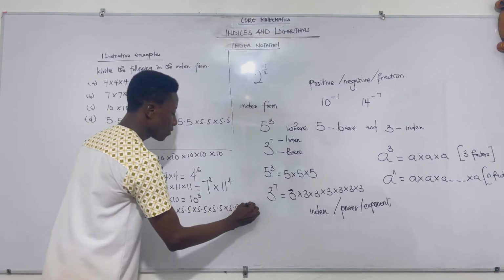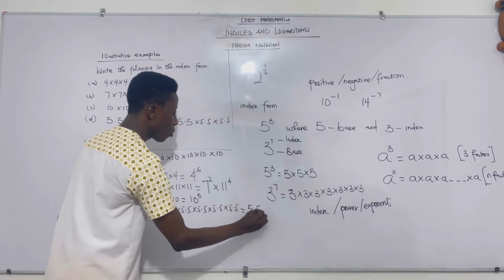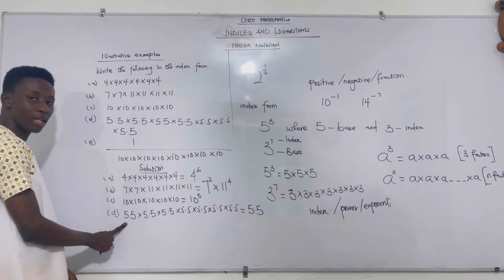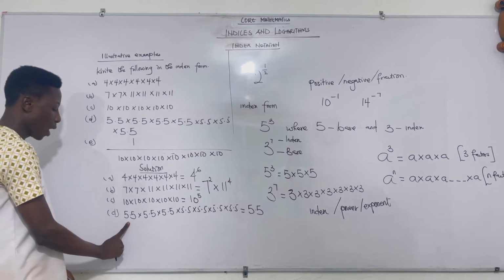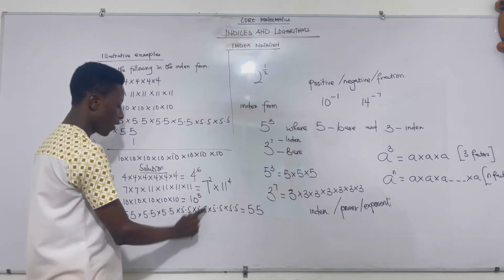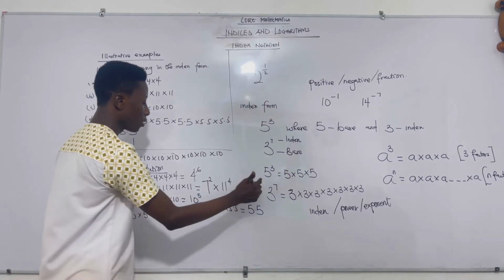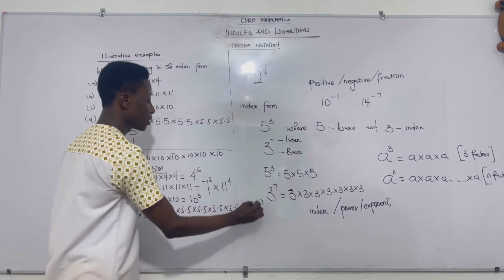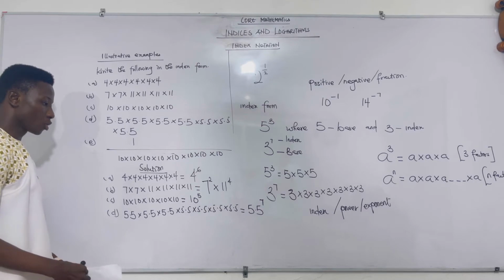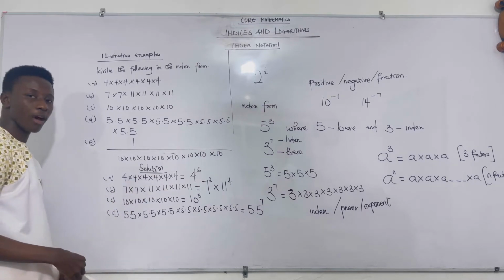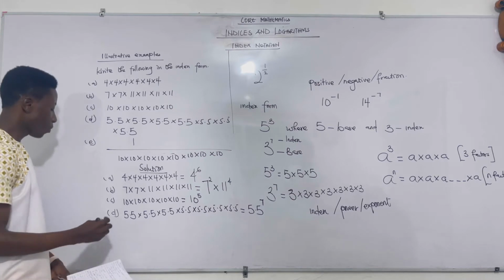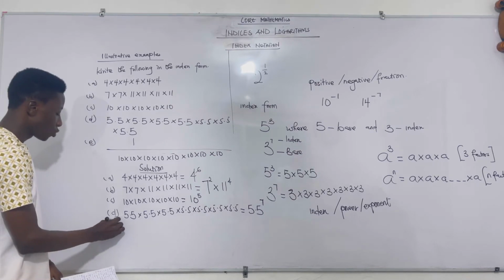You just have 5.5 since it's common all through, and if you count, you realize it's 7 in number: 1, 2, 3, 4, 5, 6, 7. So 7 comes at the top. The compact form is 5.5 exponent 7.